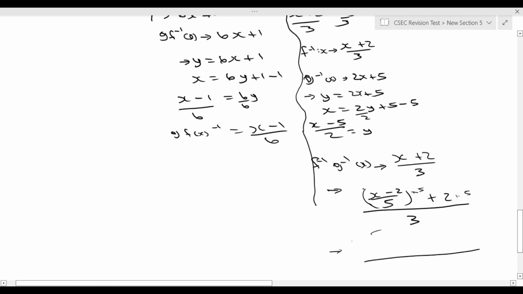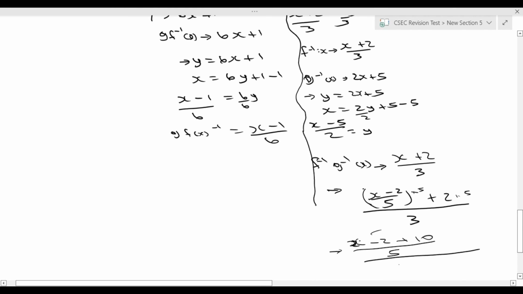And so we will have x minus 5, this 2 times 2 will give us a plus 4, over 2.